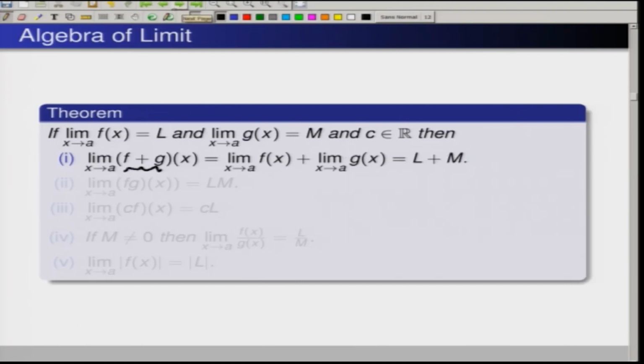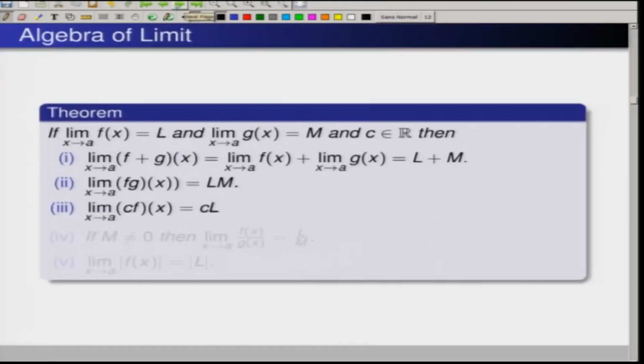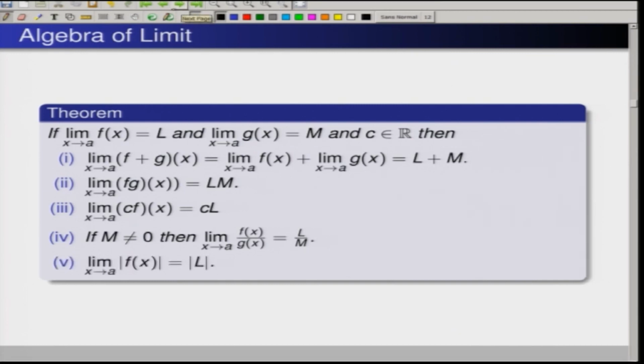Similarly, the limit of fg(x) is going to be Lm, and for a scalar times f, the function Cf, the limit at x is equal to C times L. And if m, the limit of g(x) as x goes to a, is not equal to 0, then f(x) by g(x) is going to be L by m, and the limit of |f(x)| as x goes to a is |L|. So, this is what is expected.